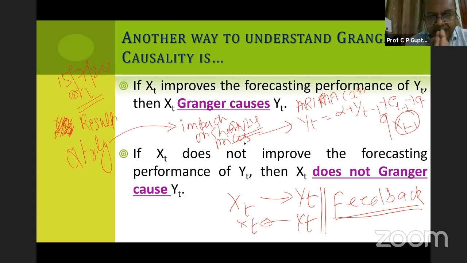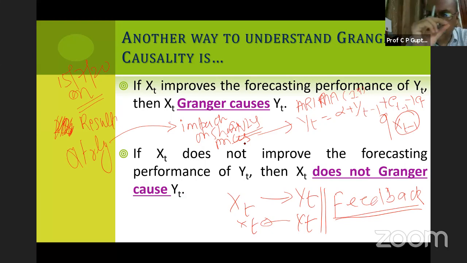I hope this is clear to you. If you switch on your electricity switch, then you will find your fan is working. Then I can say switching on is the cause and the running of the fan is the effect of it.